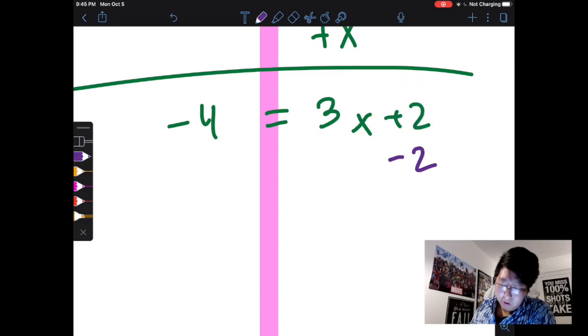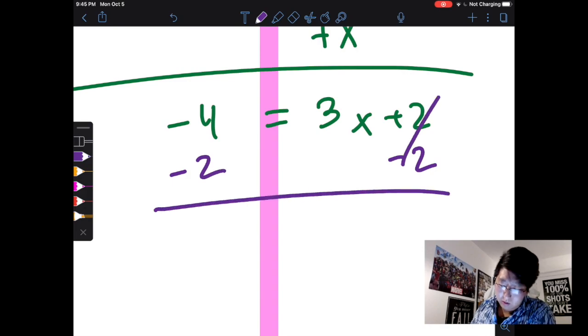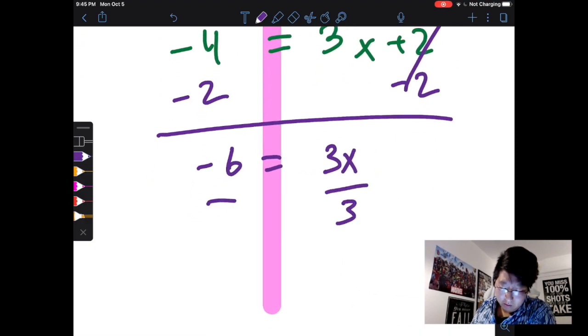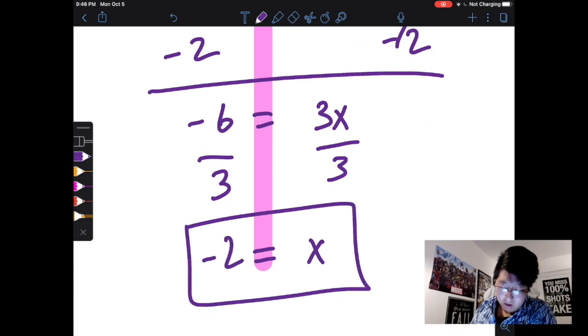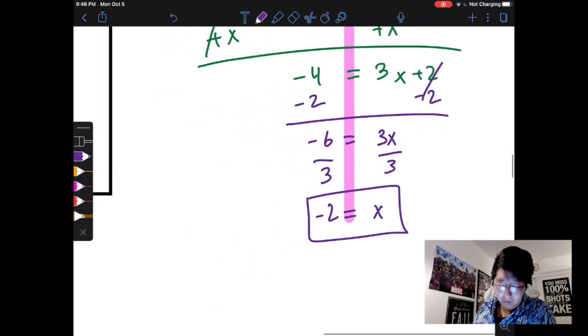So I'm going to go ahead and subtract 2 from both sides. And then so we have 3x equals negative 4 minus 2 is negative 6. Divide both sides by 3. And x equals negative 2. There you go. Right, 3 divided by 3 is 1x. So we're trying to get 1x equals negative 2.